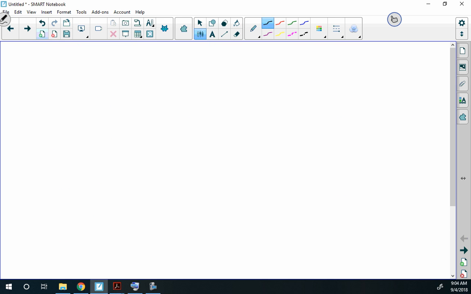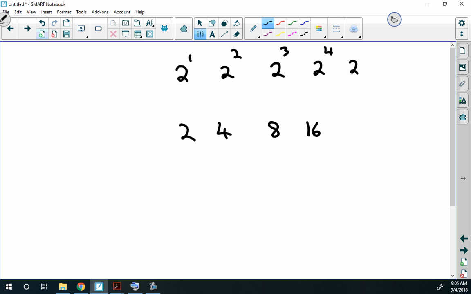"Take, for example, 2 to the first power equal, anybody?" "2, good. 2 square equal 4, okay, fine. 2 to the third power, that not 2 times 3, that 2 times 2 times 2 equal, anybody? 8, good. 2 to the fourth power equal 16. 2 to the fifth power equal 32.